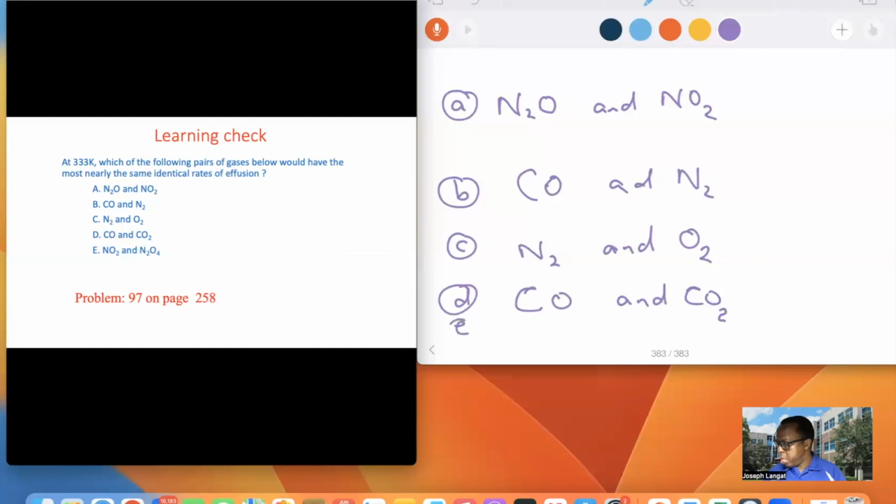E is nitrogen dioxide and N2O4. Remember, heavier molecules or particles move at a lower speed to have the same average kinetic energy.